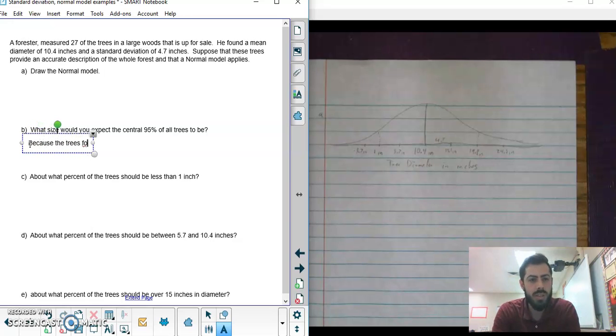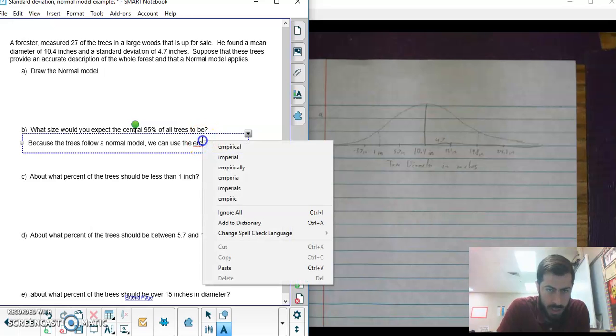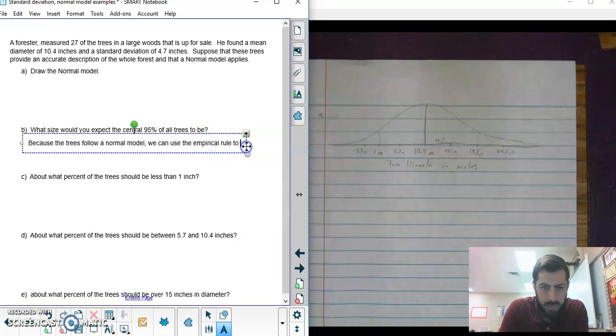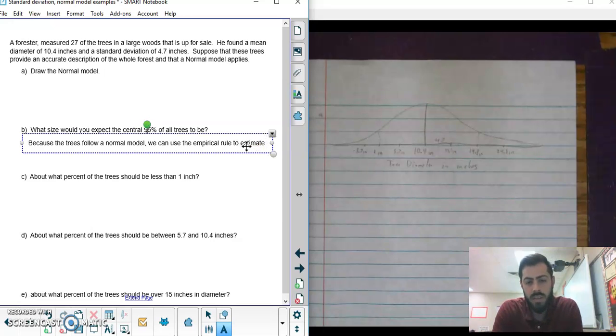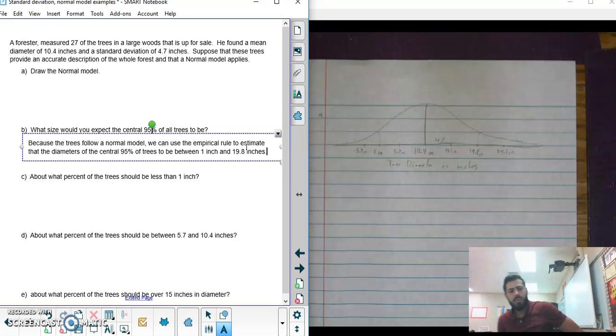Because the trees follow a normal model, we can use the empirical rule to estimate that the diameters of the central 95% of trees to be between 1 inch and 19.8 inches. We already said diameter. You don't need to be redundant. All right, now there you go.